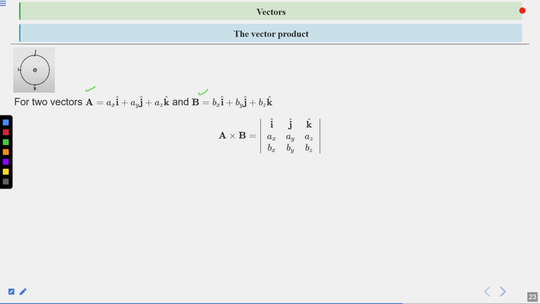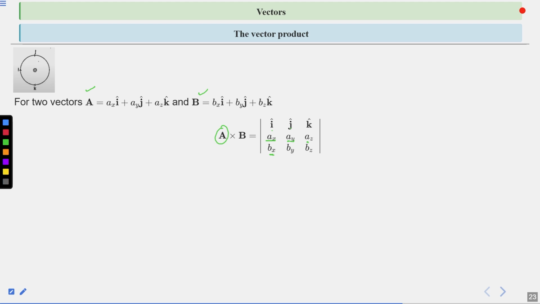So first A vector is AX I cap, AY J cap and AZ K cap. Clear? And what is the B vector? BX I cap, BY J cap and BZ K cap.